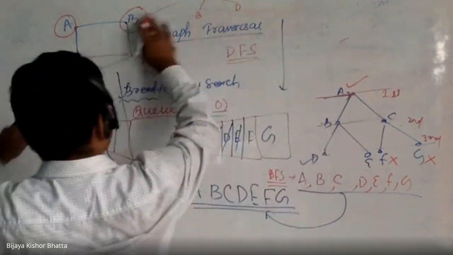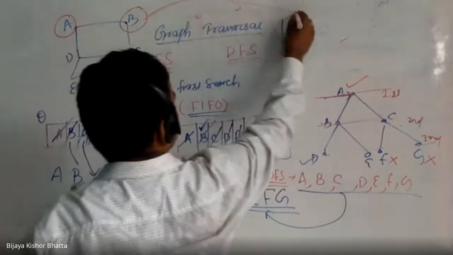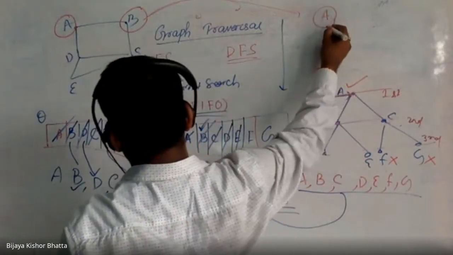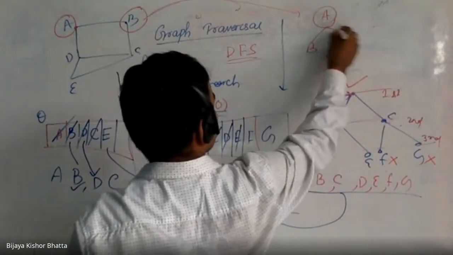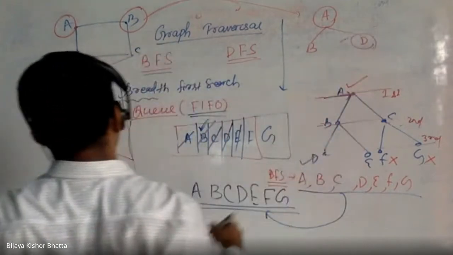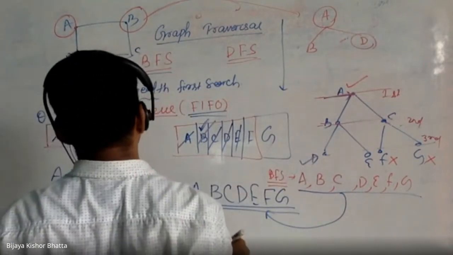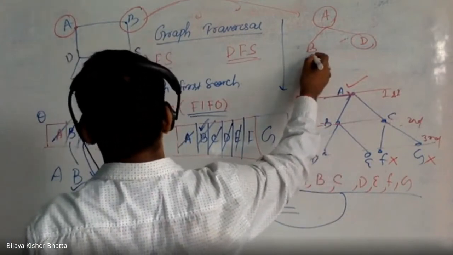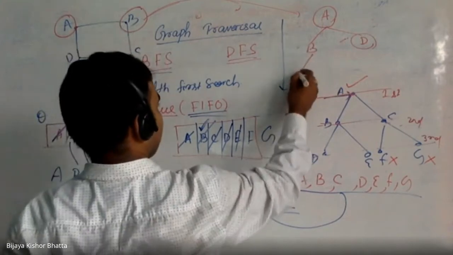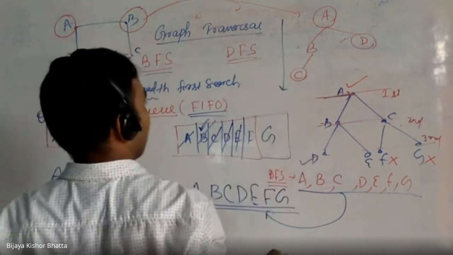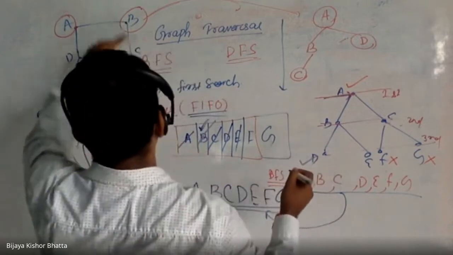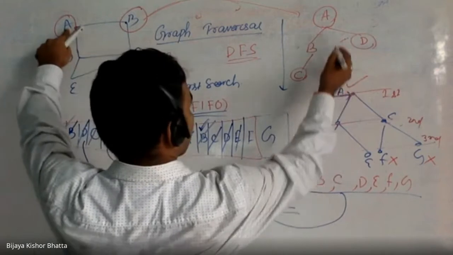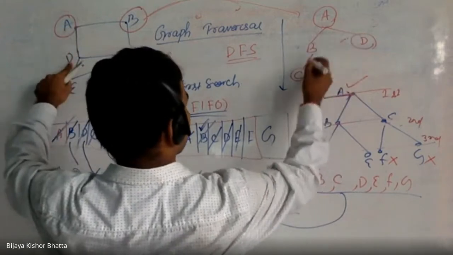If you convert this particular graph into this kind of pictorial representation, A is here, and A is connected to B, and A is connected to D. And B is connected to C. B is connected to C, B is connected to A, and there is one more edge, which is A connected to D, and D is connected to C.